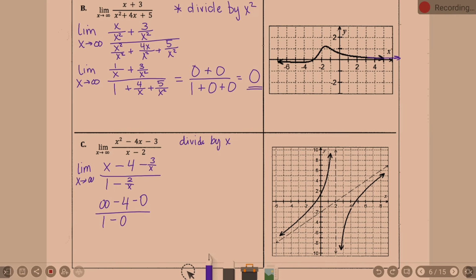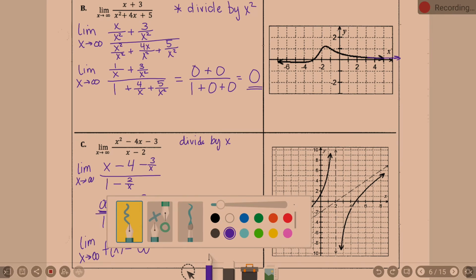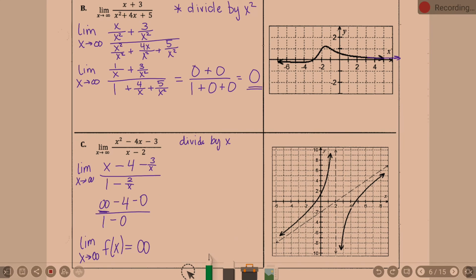I was trying to process how I want to answer Sophie's question. So the limit of this as x approaches infinity is going to equal infinity. Let me delve into this slant asymptote real quick and see if that answers the question.